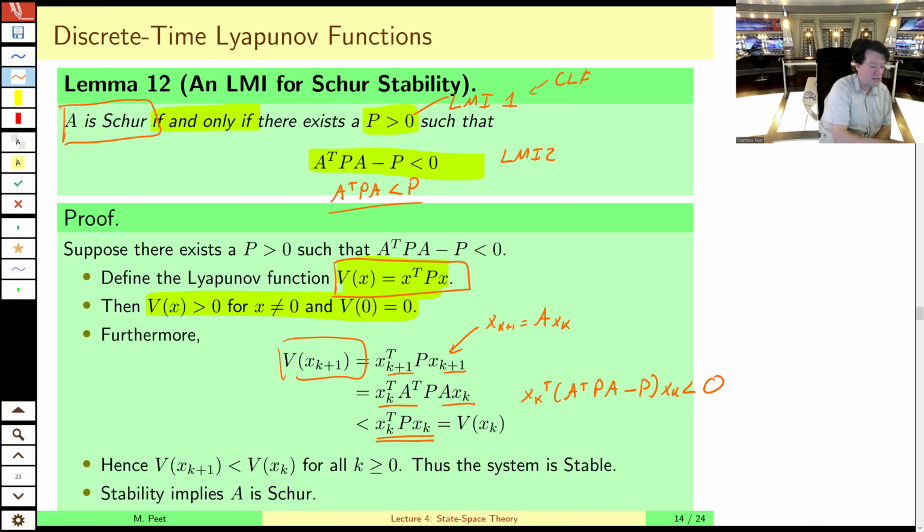And so that gives us that the Lyapunov function at time step k plus 1 is less than x k transpose P x k, which is the Lyapunov function at time step k, right? So we have that the Lyapunov function decreases at each time step, which implies that the system is stable because it's Schur, right? So, or these are equivalent.